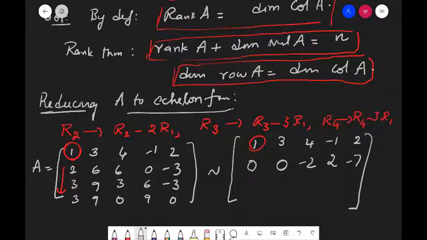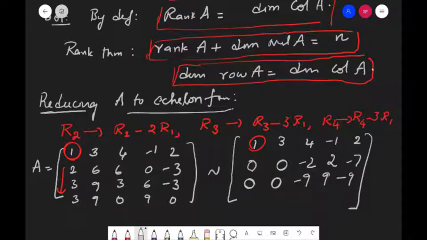Then for R3 minus 3 R1: 3 minus 3 is 0, 9 minus 9 is 0, then 3 minus 12 is minus 9, and then 6 minus of minus 3, so 6 plus 3, which will be 9, and then minus 3 minus 6 will be minus 9.